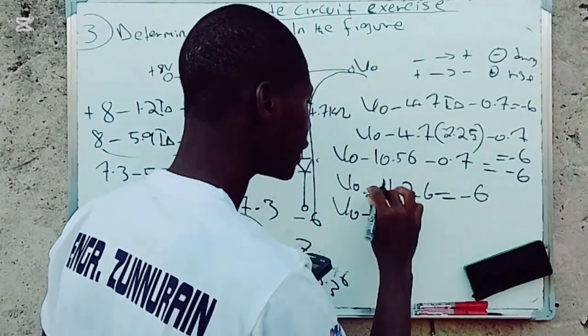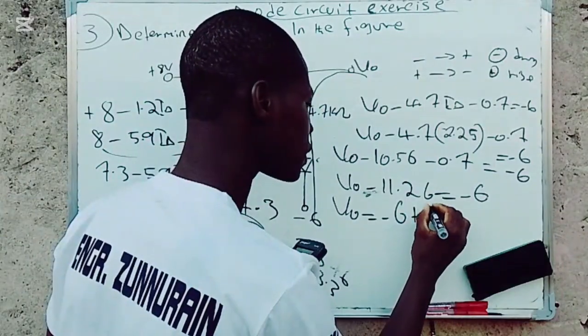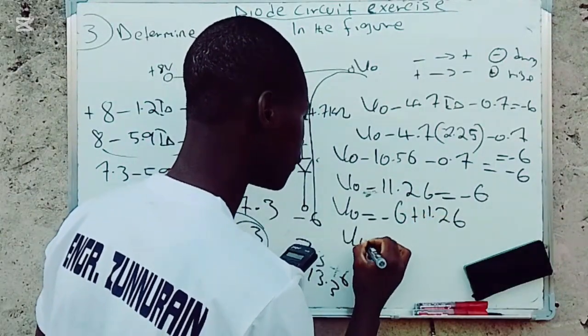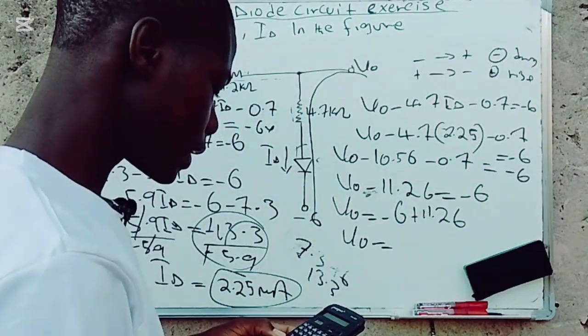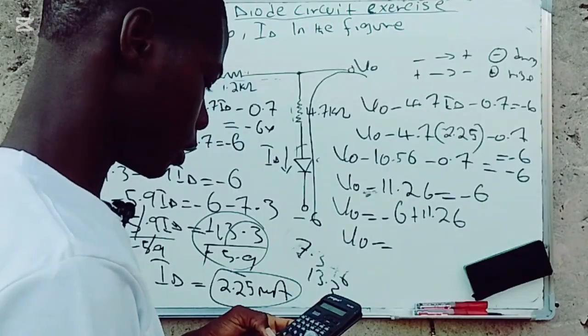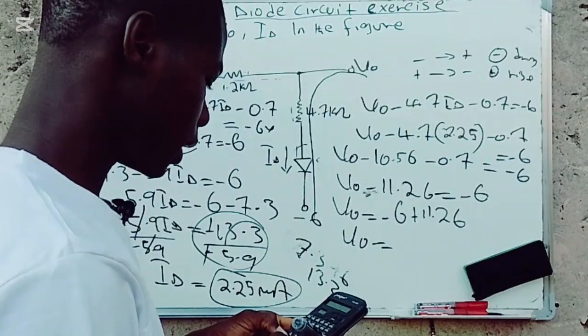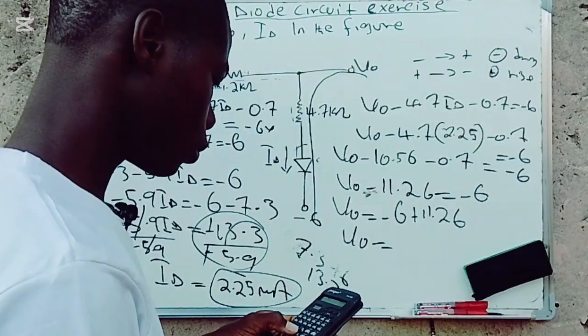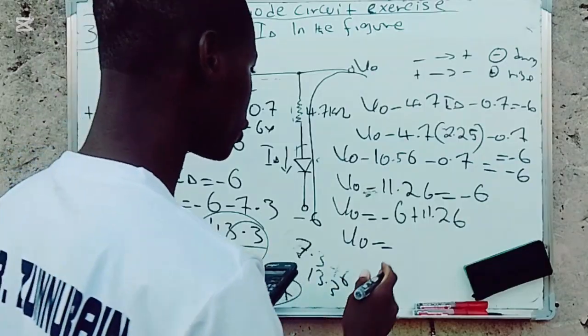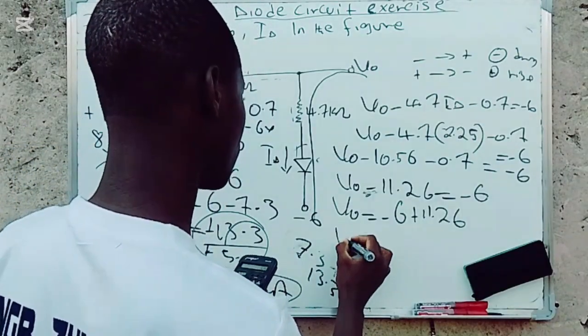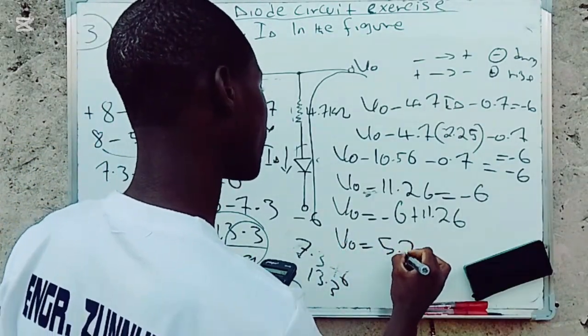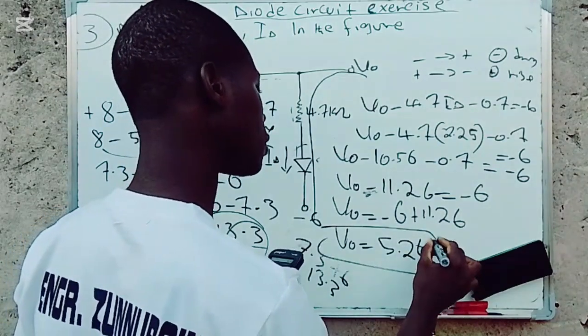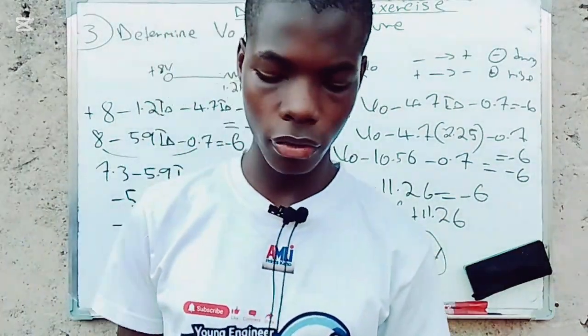When it crosses the equal sign, it will now be plus 11.26. So V naught equals minus 6 plus 11.26, which is 5.26 volts. This is all I have for you for the third question.